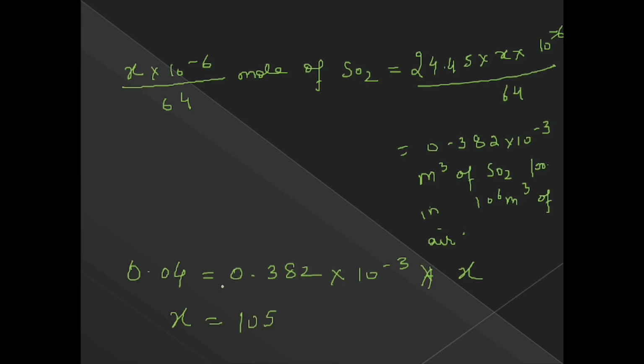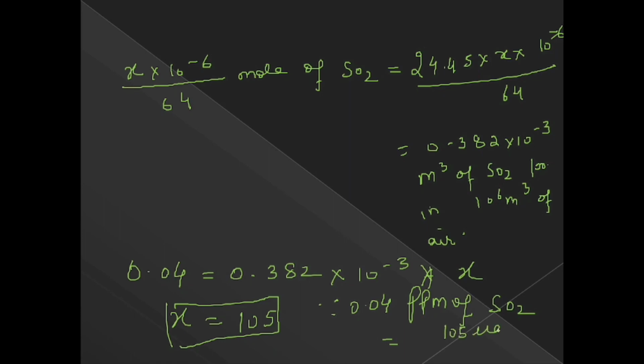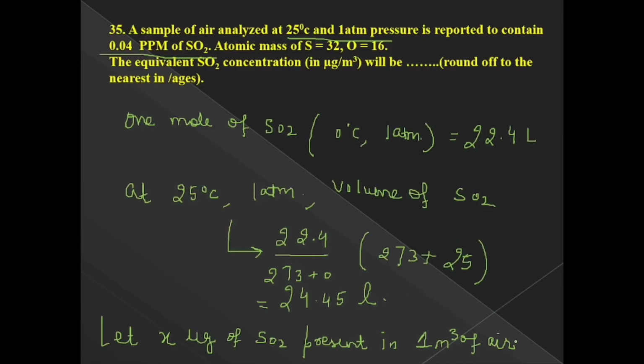So we can say that 0.04 ppm of sulfur dioxide is equal to 105 micrograms per meter cube of sulfur dioxide. So this was the last important question for the GATE examination for you people of this particular video lecture. Please note it down fast.